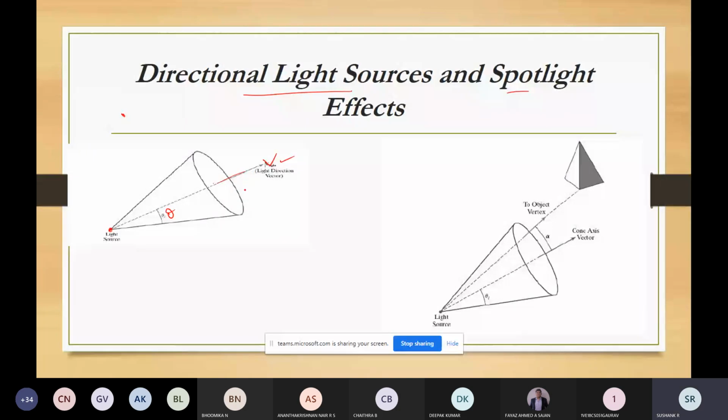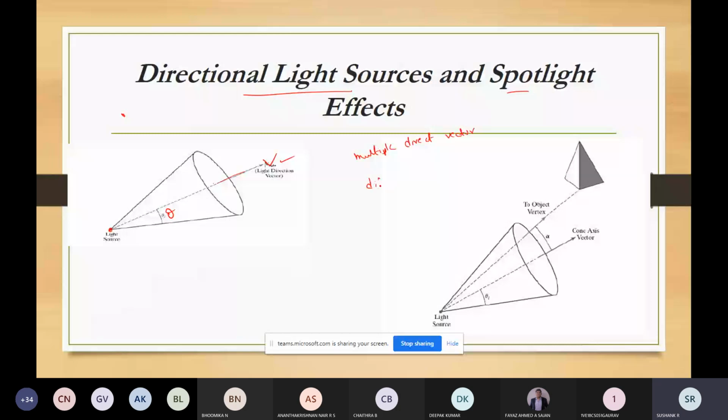So what you can do is model the different direction vectors. For this kind of light, you can model multiple direction vectors and different colors for each direction.